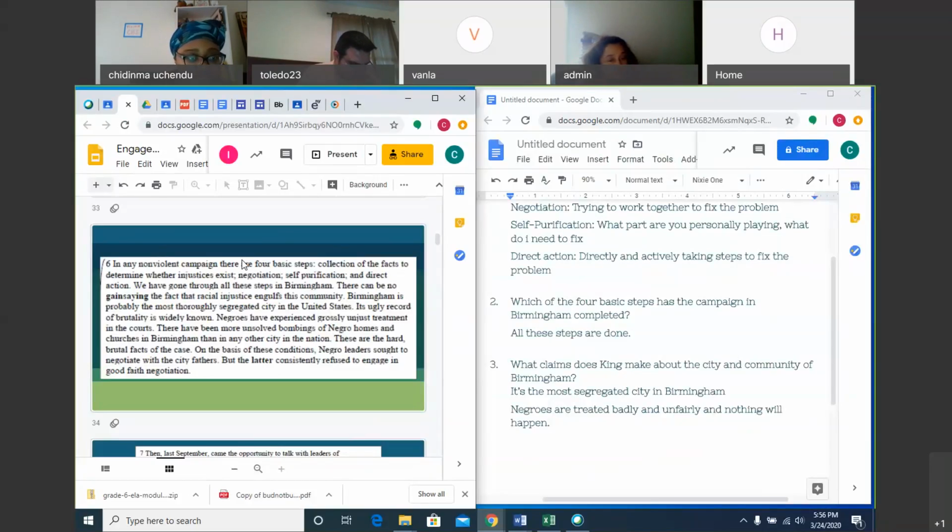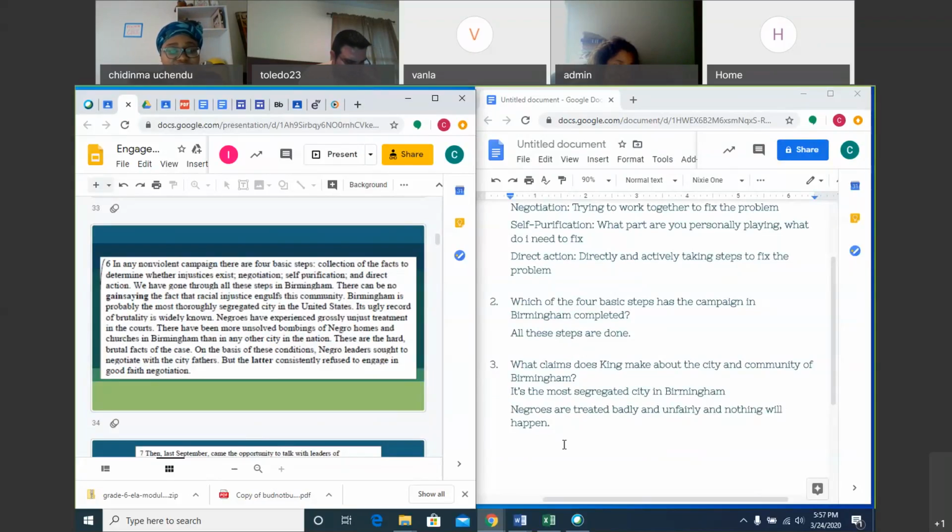It says, "These are the hard, brutal facts of the case.